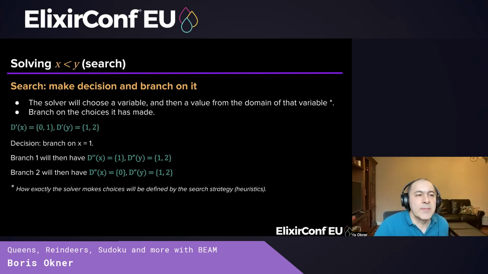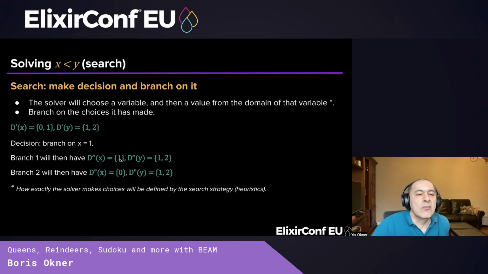And so the next step is to make a decision and branch. Usually the solver chooses a variable and then picks a value from this variable's domain, and then it branches on it. So for example, here we can decide to branch on x equals 1. That will result in 2 branches.